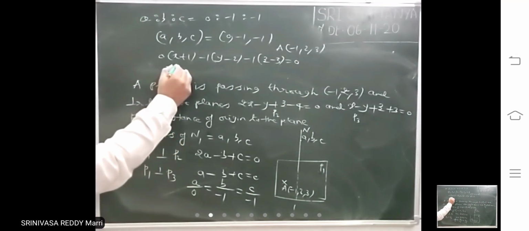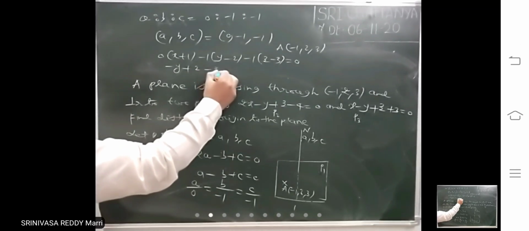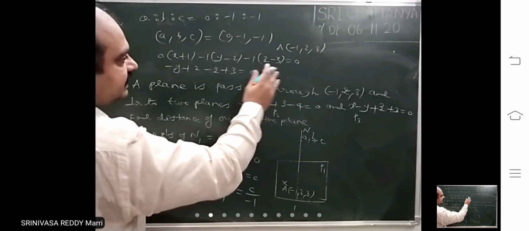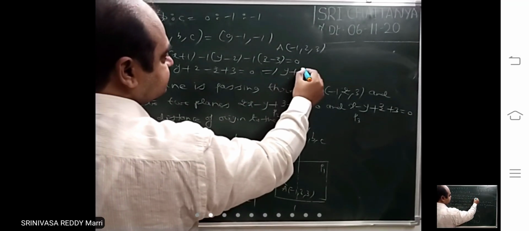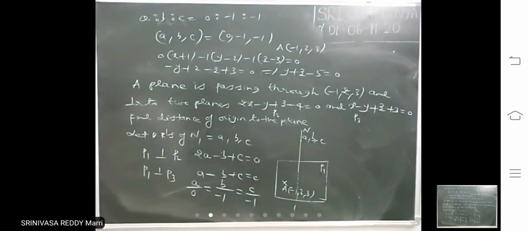So therefore, what you will get? Minus y plus 2 minus z plus 3 equal to 0. That implies equation of the plane is nothing but y plus z minus 5 equal to 0.